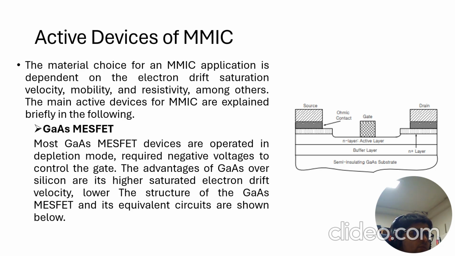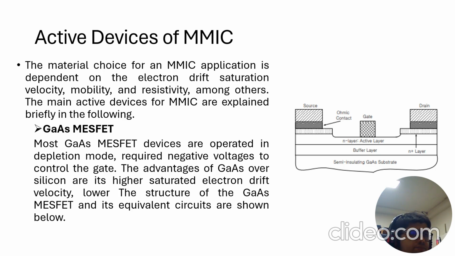Gallium arsenide MESFET devices operate in depletion mode and require negative voltage to control the gate. The advantage of gallium arsenide over silicon is its higher saturation electron drift velocity. The structure of the gallium arsenide MESFET and its equivalent circuit are shown below.